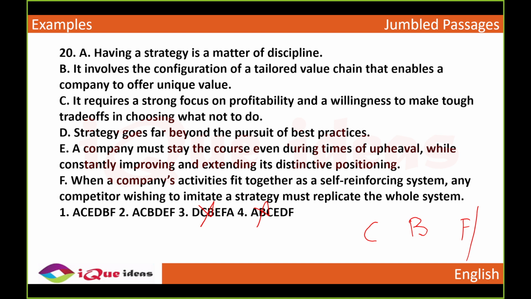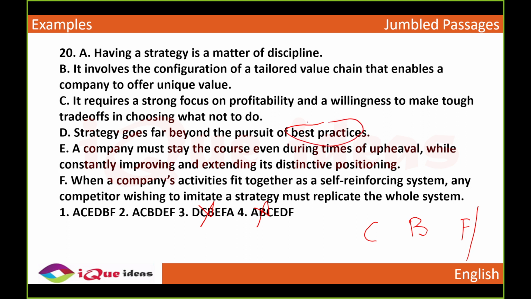So C talks about the requirement, E says that even with troubles you have to stick to your strategy, and then it says that you have to do something which helps you give a unique value to others, right? And this is a strategy. So you talk about what all is required in the beginning, and then D says it's not enough that you follow best practices.